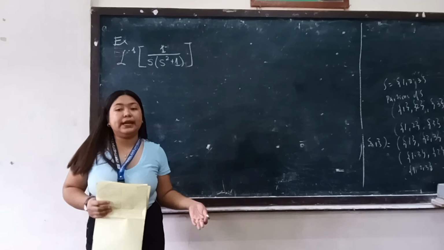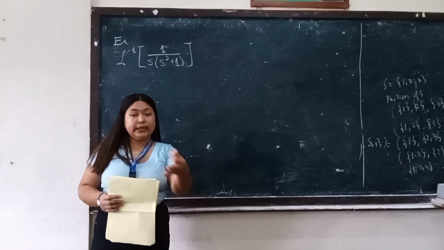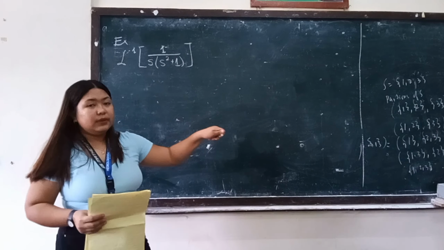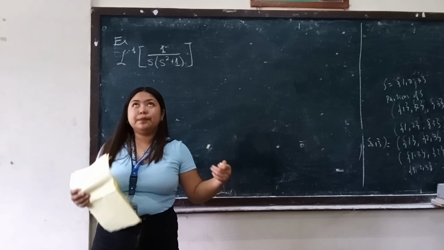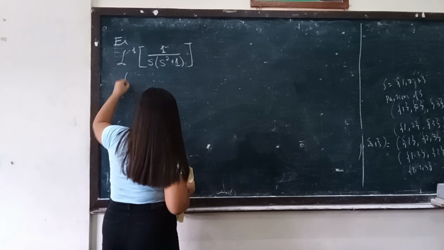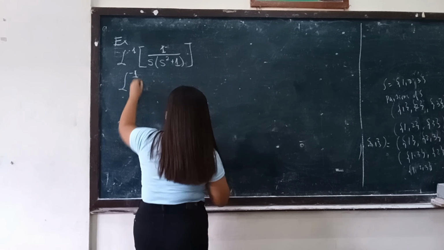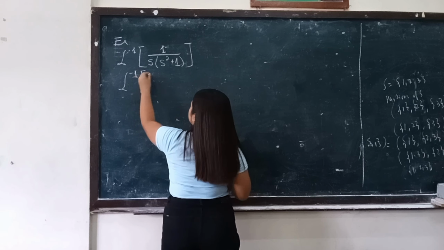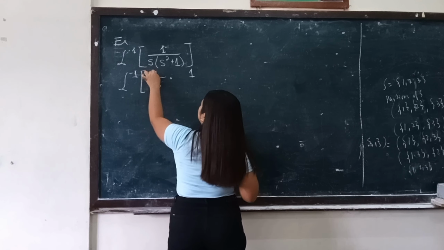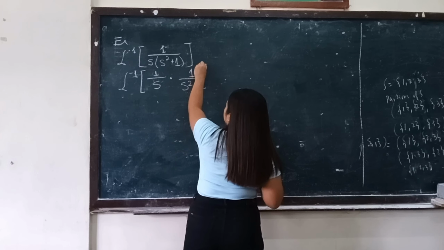Since it is defined that the Laplace transform of a convolution is equal to the product of the two Laplace transforms, here we have the inverse Laplace transform of 1 over s times 1 over s squared plus 1.